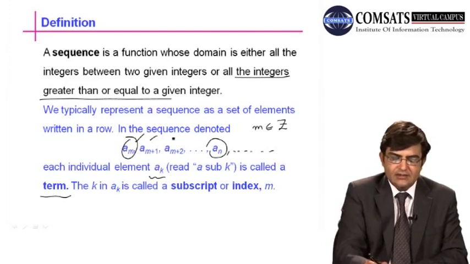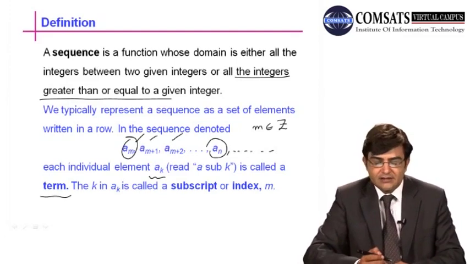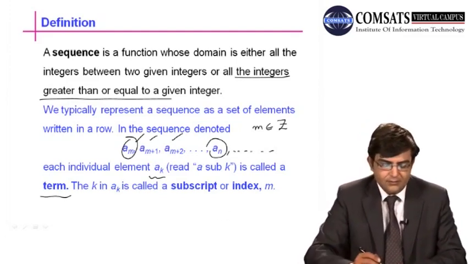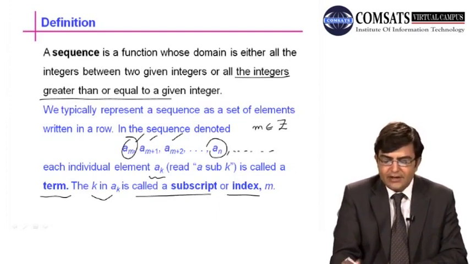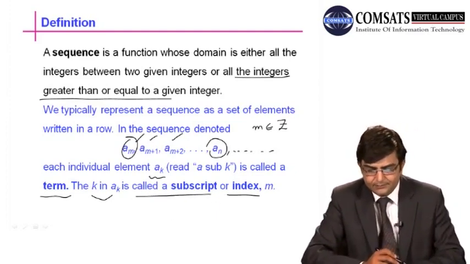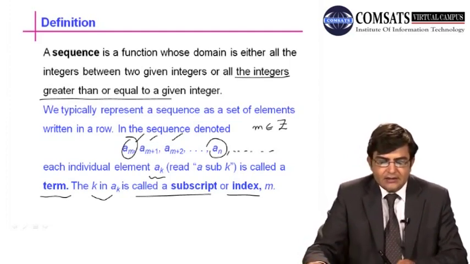So this is a term, this is a term, this is a term. All the numbers in the sequence basically are called terms. The k in A_k is called a subscript or index of that sequence. So this is basically the definition of a sequence.